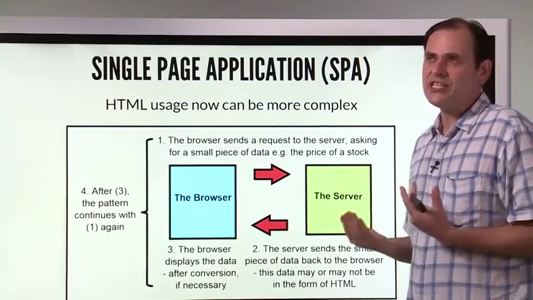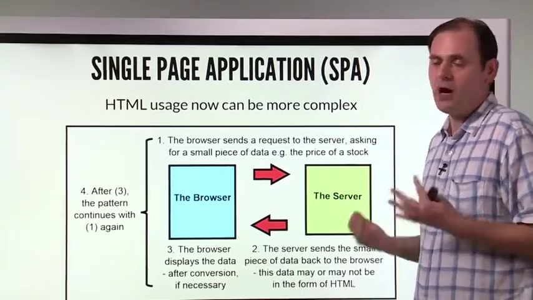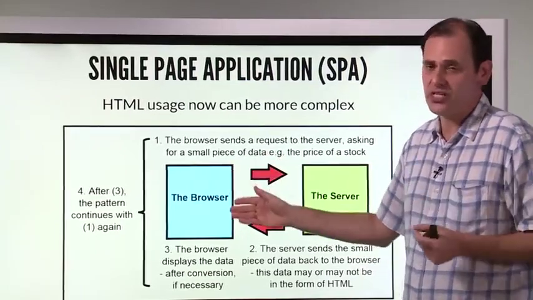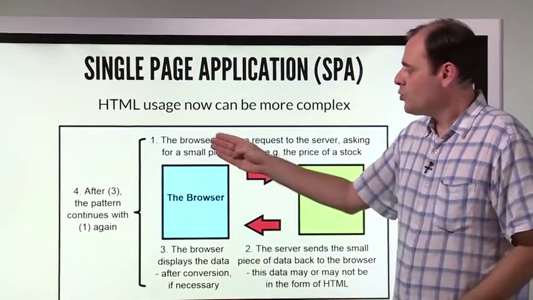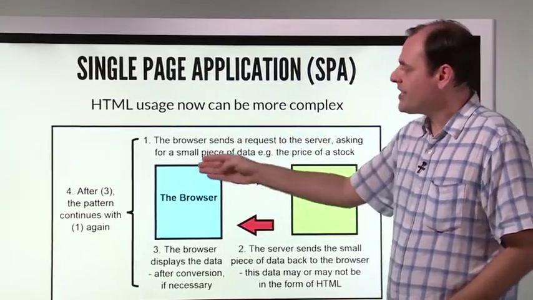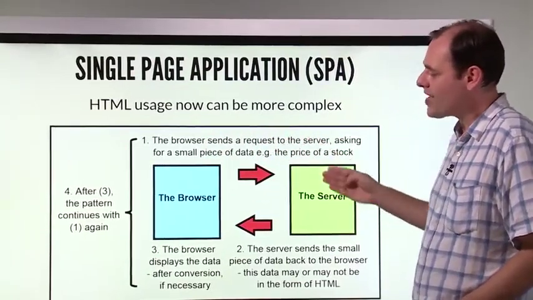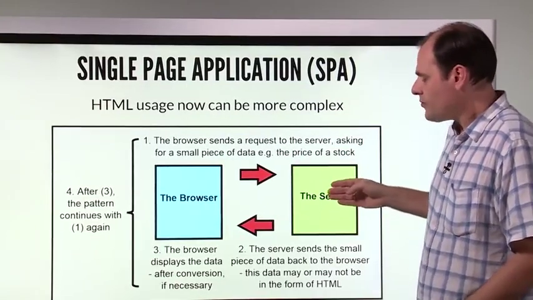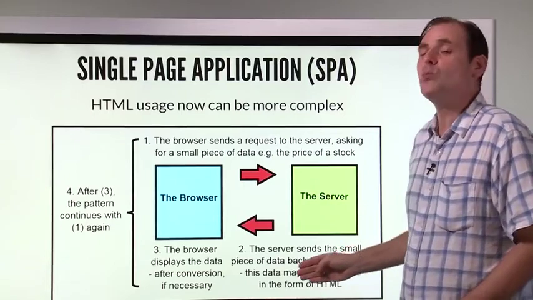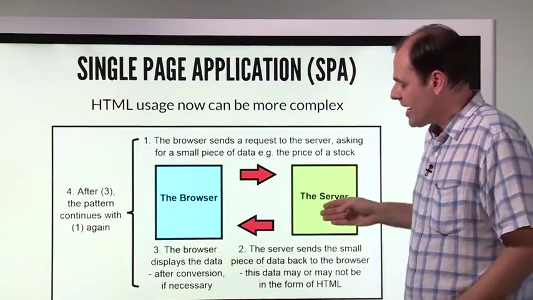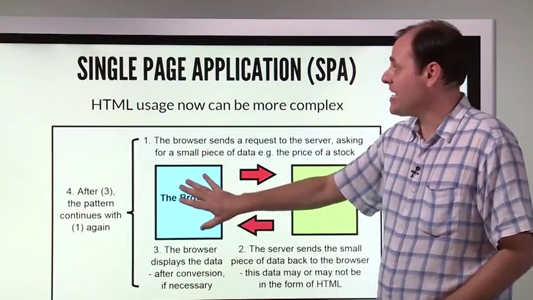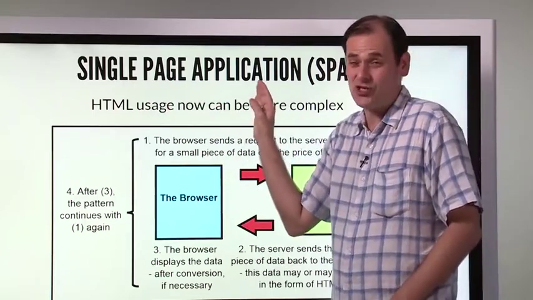For example, let's say you have an application for buying and selling stock information, stock prices, things like that. So you want to buy some stock. You send a little piece of information, you send a request to the server, I want to buy some stock. The server responds with a small piece of data, and that comes back to the browser. It comes back to the same page, single page application.